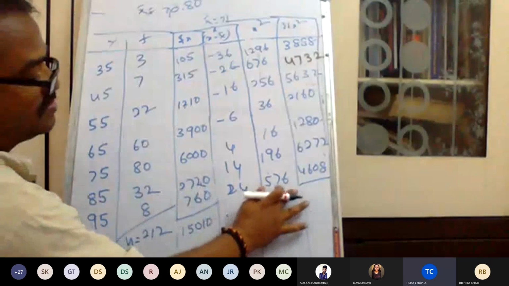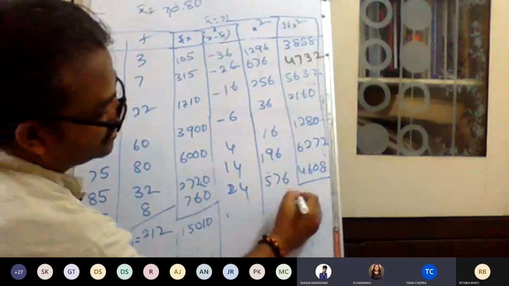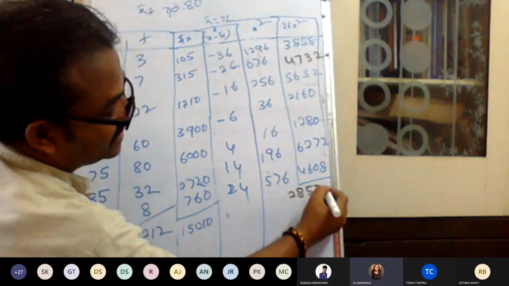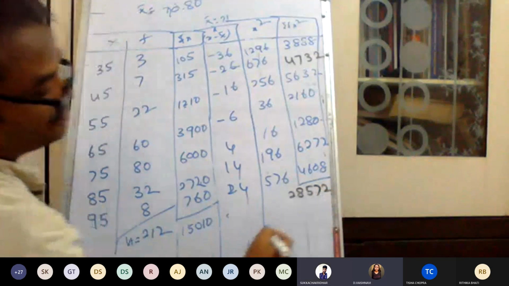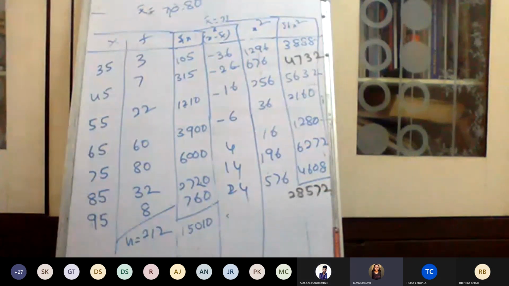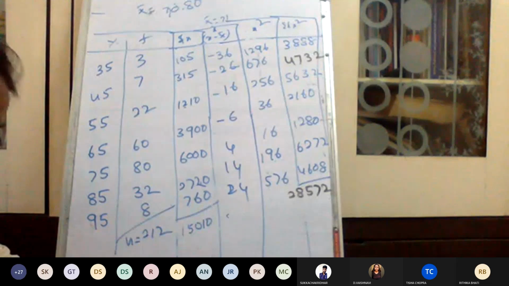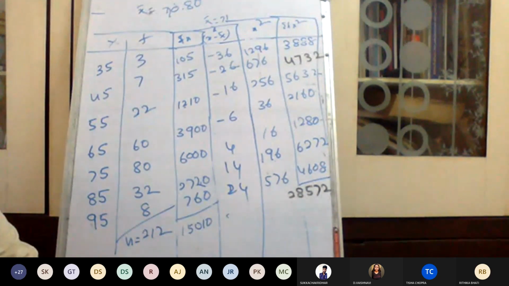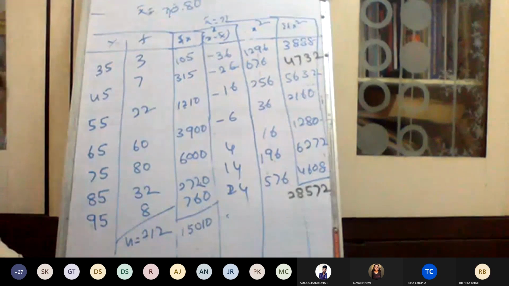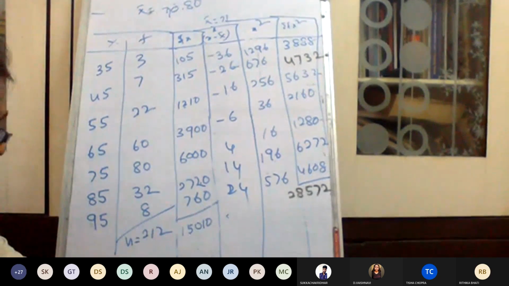Now what is the sum? 28,572. Please write down all these things, I will apply them in the formula. Standard deviation is very important. The next chapter also depends on standard deviation only.